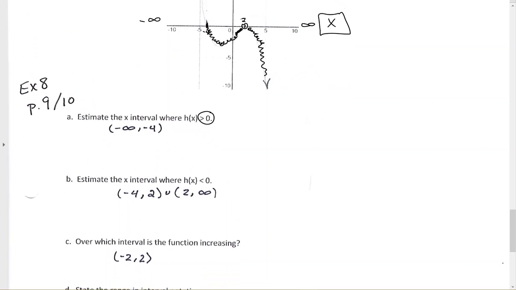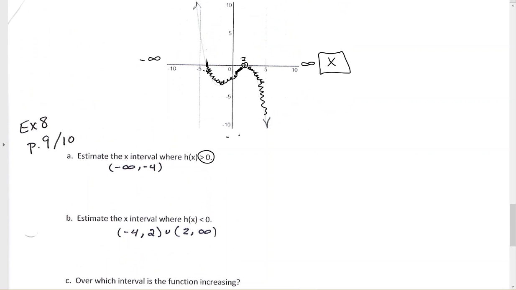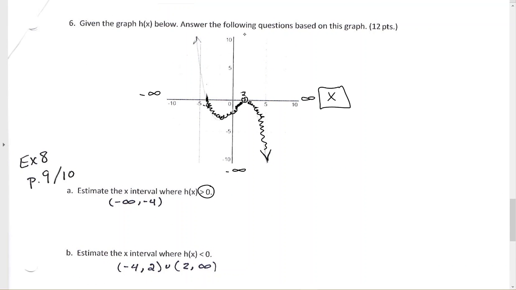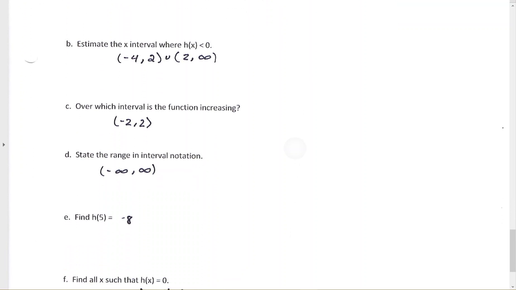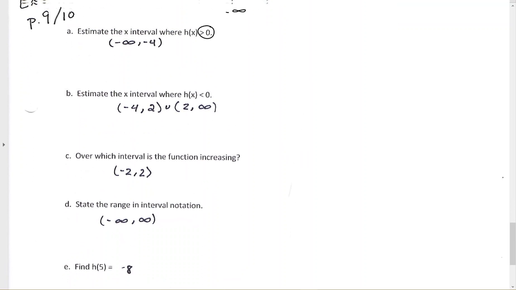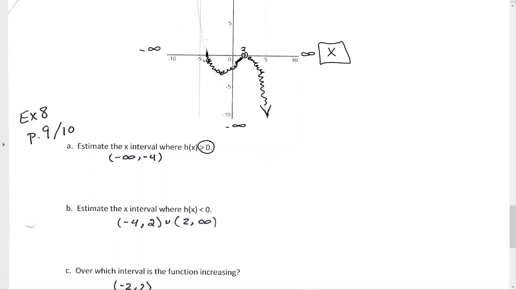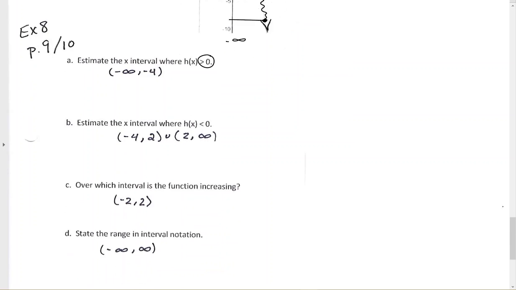The range, you go from the lowest y value, because there's an arrow, it's going to keep on going down, to the highest y value, up to infinity. And then find h of 5. So when x is 5, I come over here and it matches up to, and again, it'll look better on your paper, it matches up to the number -8.